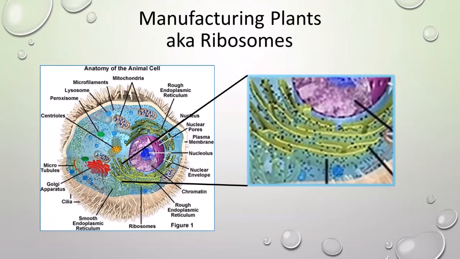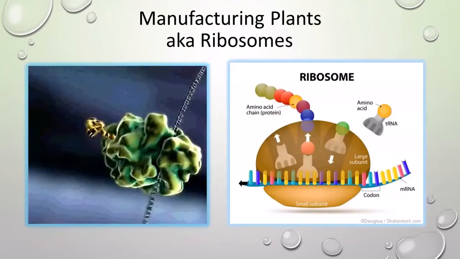If you look here, all these little dots are the ribosomes. You can see them covering all the way through the cell. All these dots are ribosomes. We'll look at how that is done.